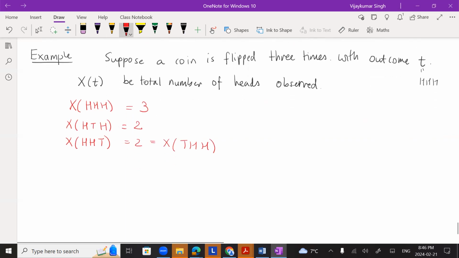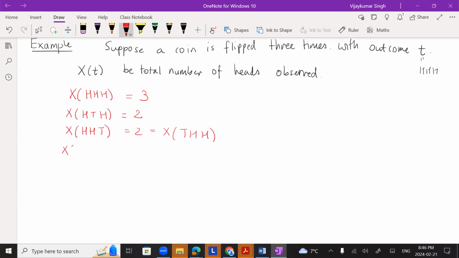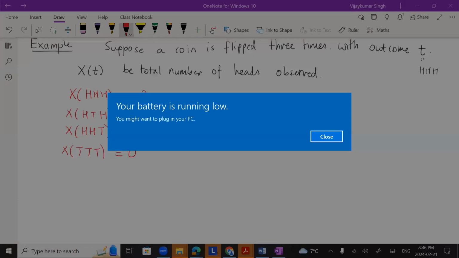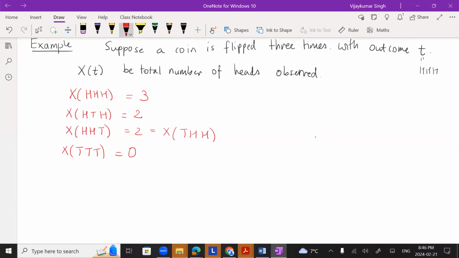Okay. So similarly, what is X of TTT going to be? Does the random variable make sense? Let's just look at a few more examples. So what is X of TTH?